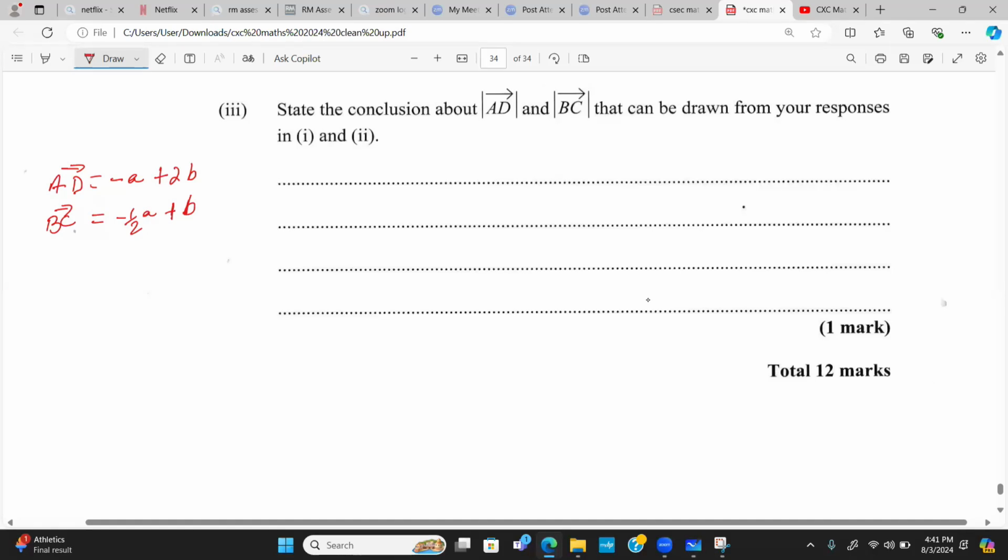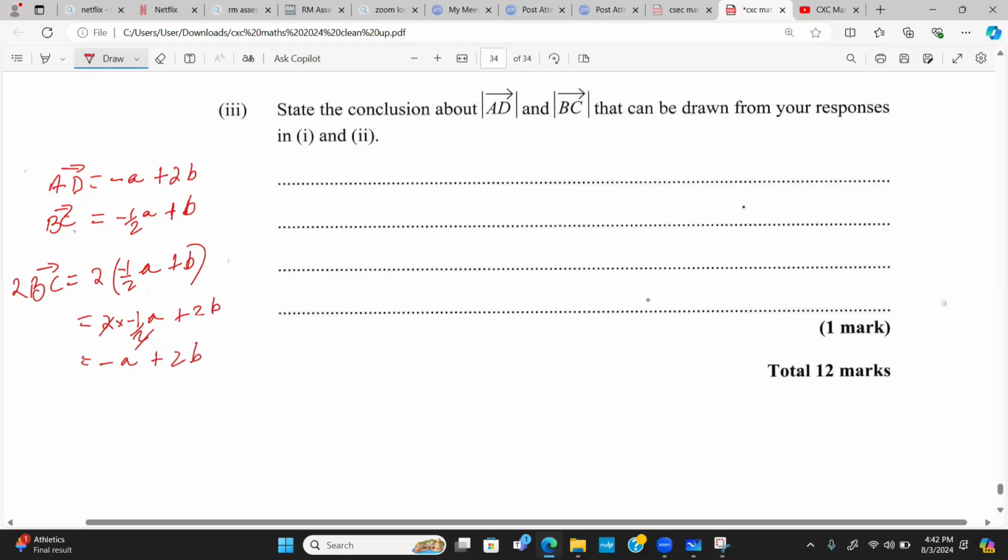These vectors, if you take a good look, if I should multiply BC by 2, for example, if I should multiply this vector here by 2, then look what we have. 2 times negative half A plus 2 times B. If I simplify this, I'm going to have negative A plus 2B.